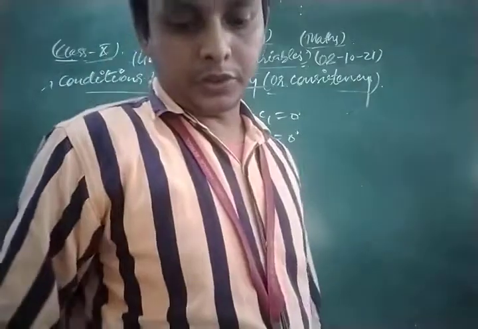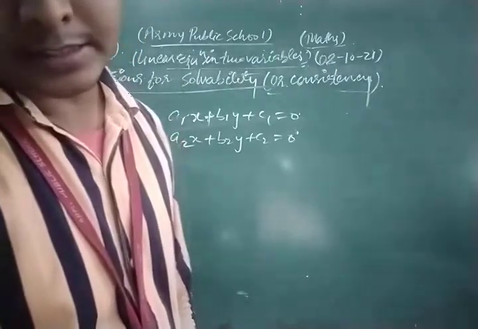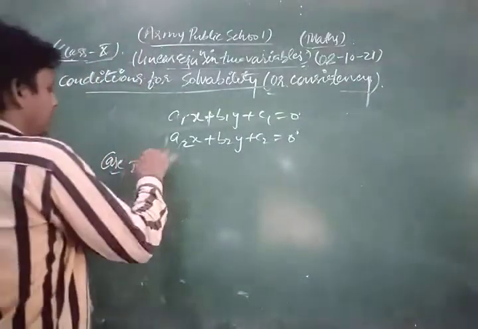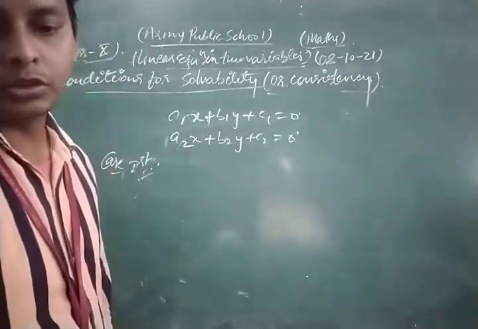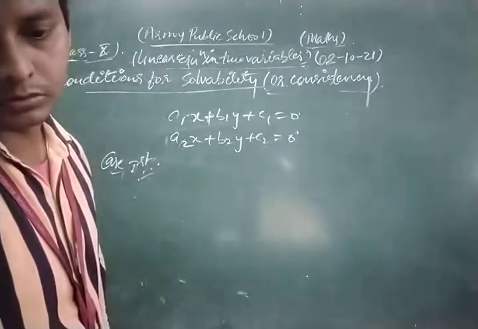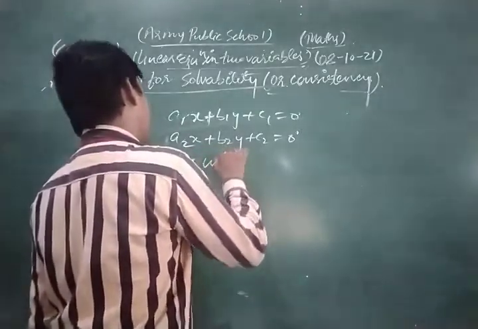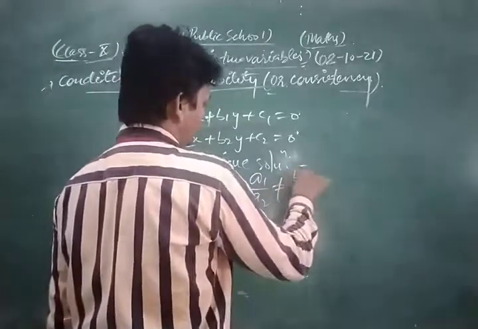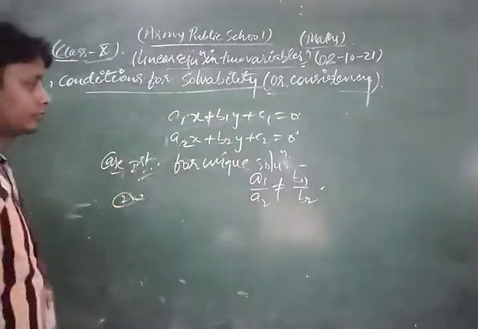In case first, if the given system of equations has a unique solution, consistent, then for a unique solution we have a1 upon a2 is not equal to b1 upon b2.